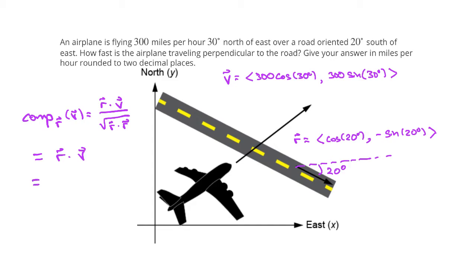And so what we have for that value is 300 cosine of 30 degrees times the cosine of 20 degrees plus 300 times the sine of 30 degrees times the negative sine of 20 degrees.